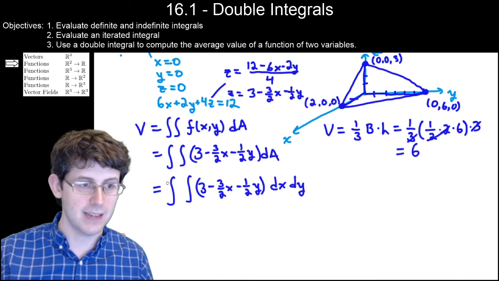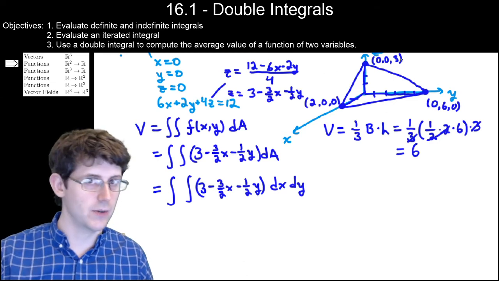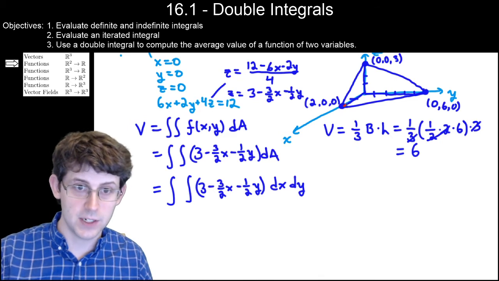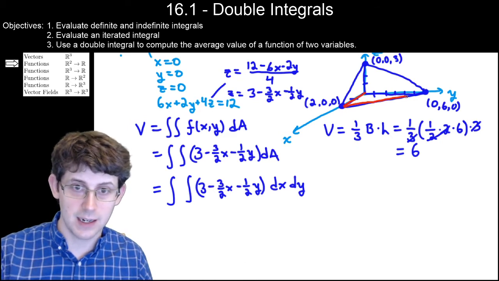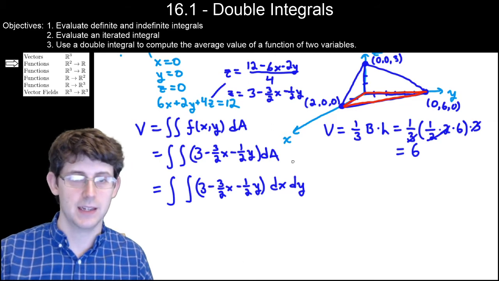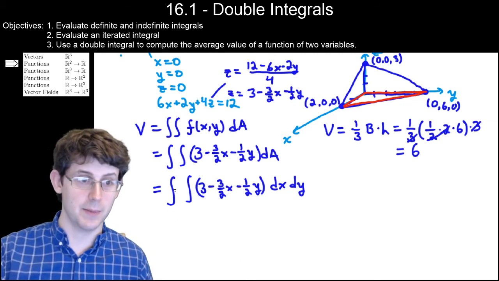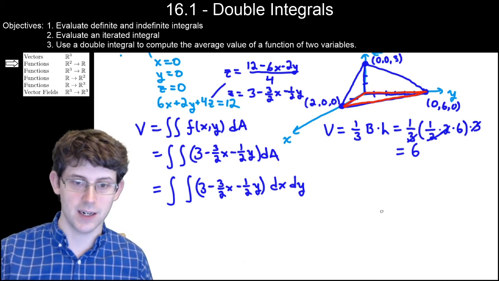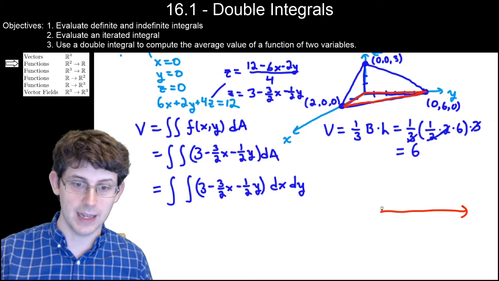So the bounds don't have to do with the whole picture. The bounds come from just the part in the base, which here is the xy plane. So what I recommend you do when you're building the bounds for a double integral over x and y is you redraw the picture in the xy plane, just the part in the xy plane.